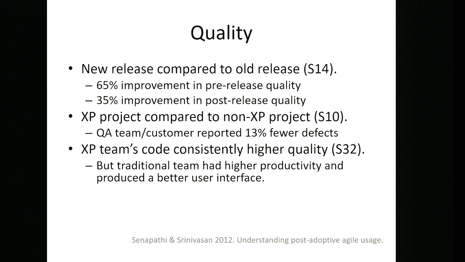So what we'd like to see with both of these, so we would evaluate these separately, is an improvement in both. The improvement in pre-release quality is important because if pre-release quality goes up, then post-release bugs should go down.